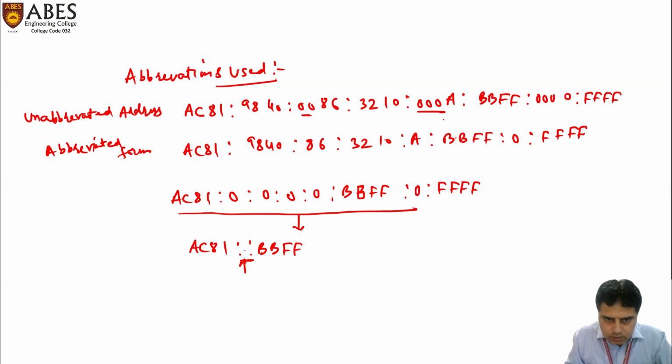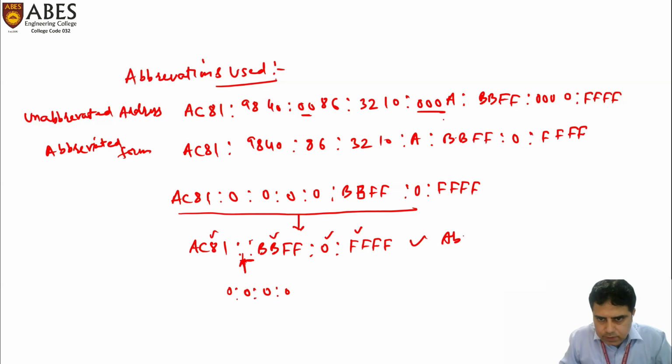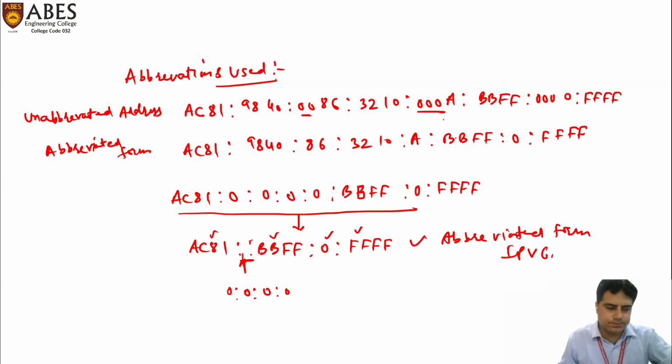Four blocks are zeros. The total number of blocks is 8. Here there are 1, 2, 3, 4, total 4 blocks, so 4 blocks are missing. So in between these two colons, there are 4 zero blocks. So this is the abbreviated form of the IPv6 address.